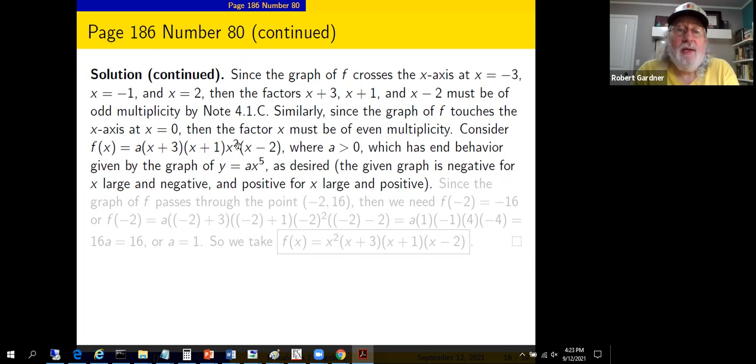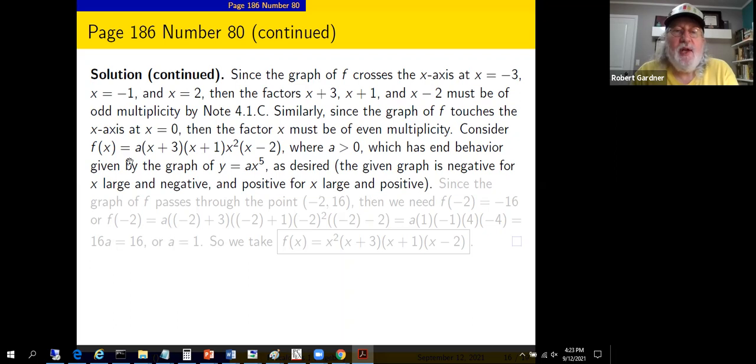X squared, we wanted an even exponent on the factor x, favorite even number is 2. And we needed an odd exponent on x minus 2, so we'll take a 1 there. In terms of choices of exponents, these are the smallest choices we could have made. This will give an appropriate shape in terms of crossing or touching the x-axis.